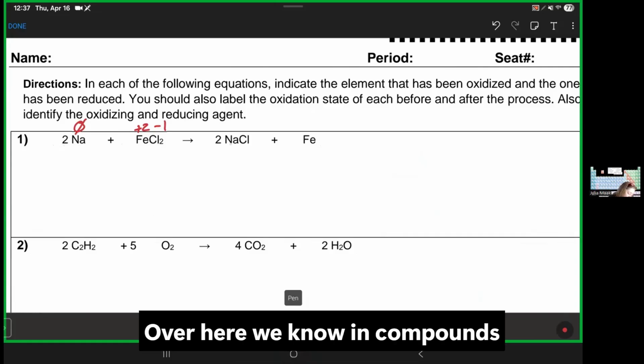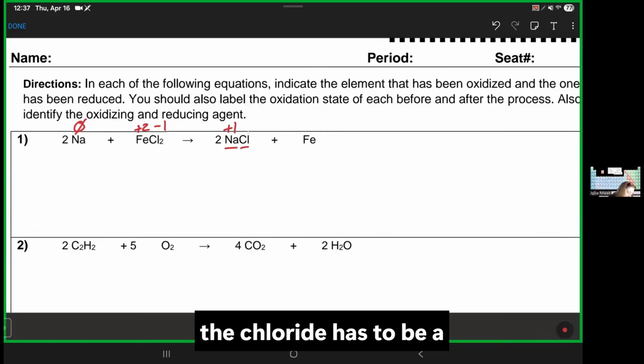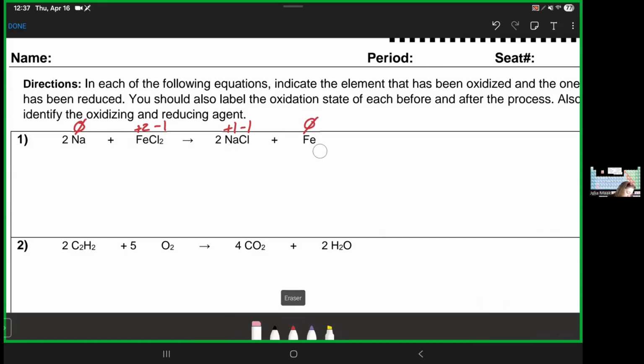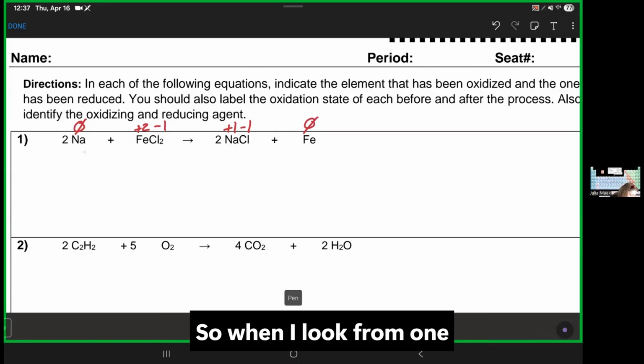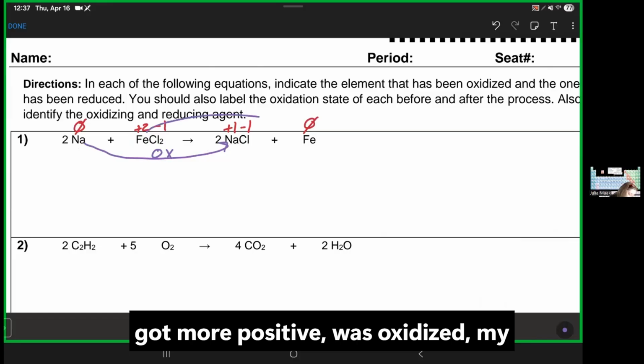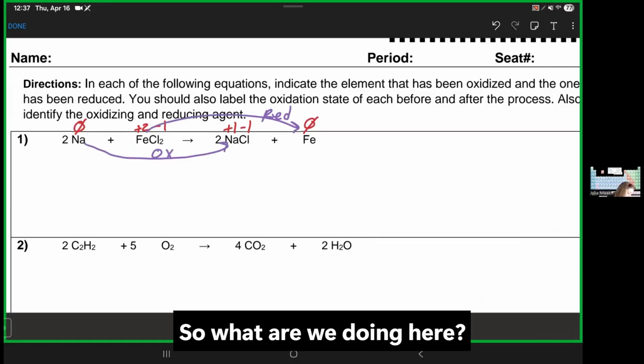Over here, we know in compounds, group 1 are always +1, making the chloride a -1. Here is elemental iron, 0. So when I look from one side to the next, my sodium got more positive, was oxidized. My iron got more negative, was reduced. So what are we doing here?